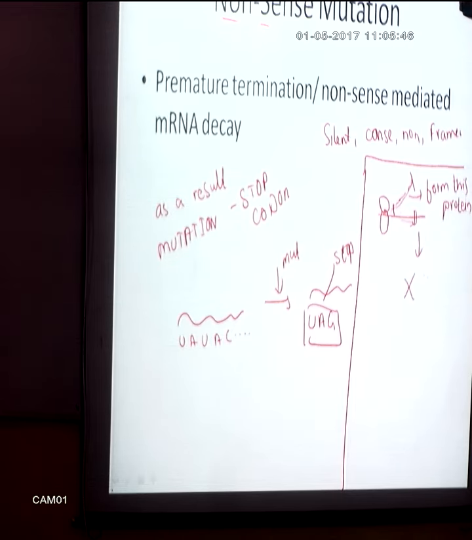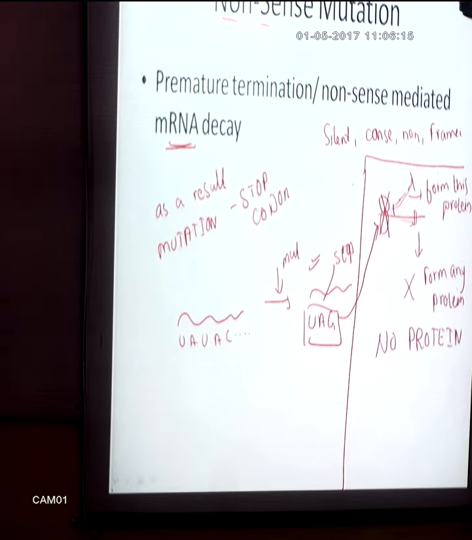It will not form any protein. Why is this? It's because of this concept of mRNA decay. If a nonsense mutation is introduced, it will destroy the mRNA. When the mRNA is destroyed, there is no protein production.